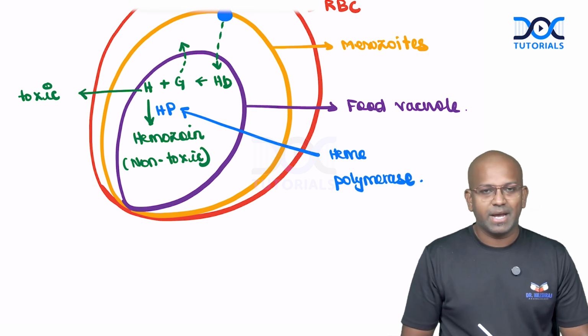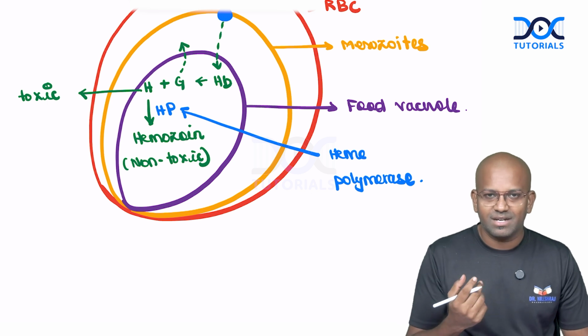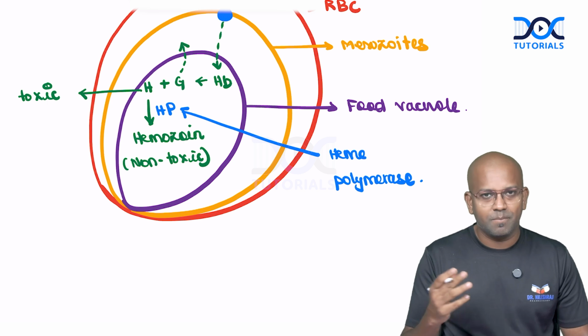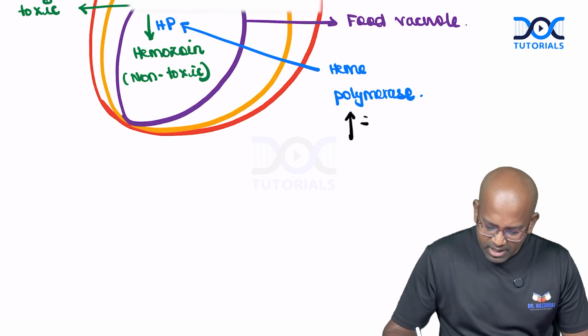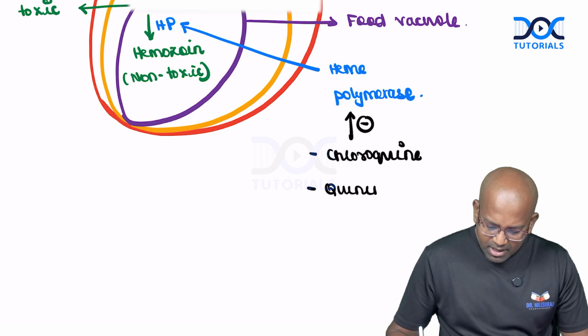What do you think the mechanism of action of the first-line anti-malarial drug is going to be? You would have guessed it. Yes, chloroquine. What is the mechanism? It will be inhibiting heme polymerase enzymes. So this heme polymerase enzyme will be inhibited by chloroquine, the first-line anti-malarial drug. Not only that, even quinine has got the same mechanism.